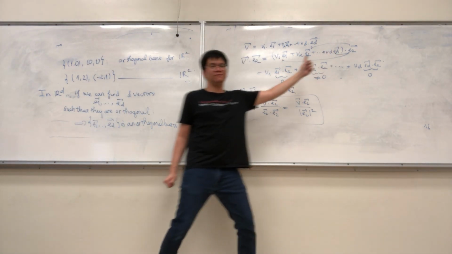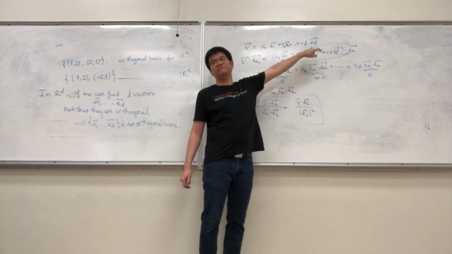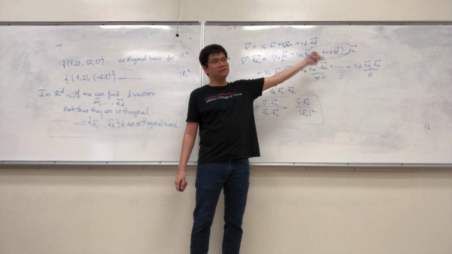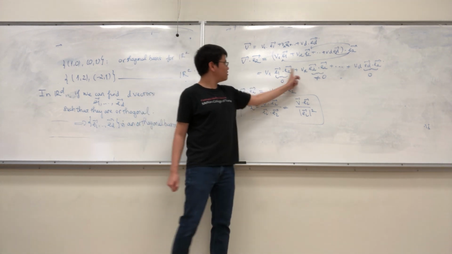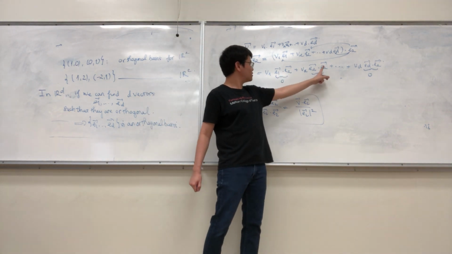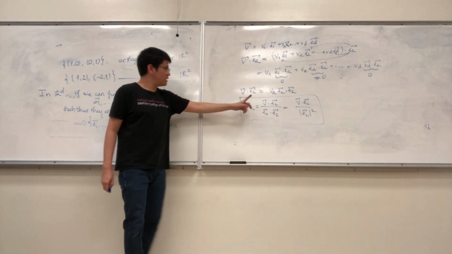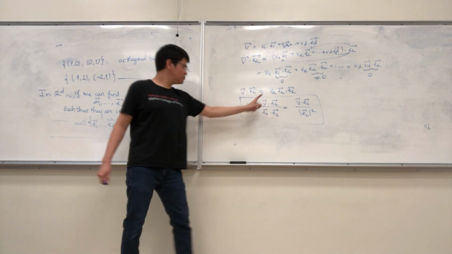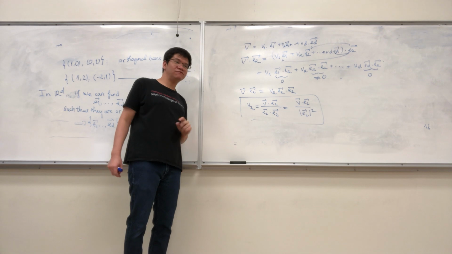What you do is you multiply everything with E2, right? So if you want to find V2, you have to multiply with E2. If you want to find V3, you have to multiply V with E3. So when you multiply this, all of the terms that do not contain E2 will be 0. So the leftover is V times E2 is V2 E2 E2. So V2 will be V times E2 divided by E2 E2. And this is the formula for V2.